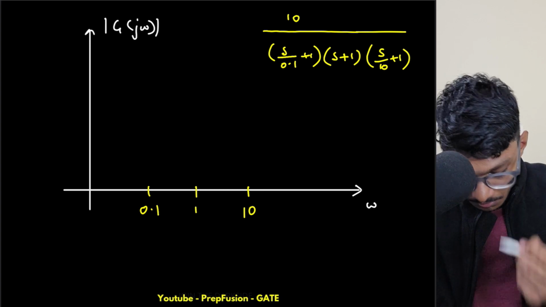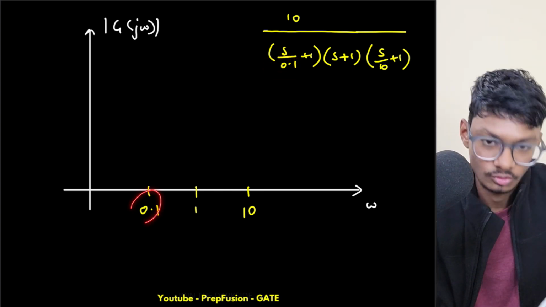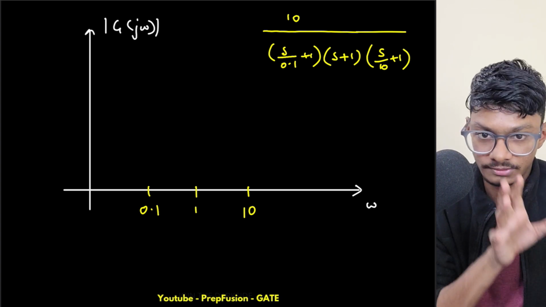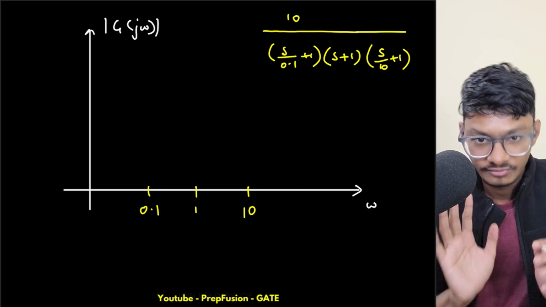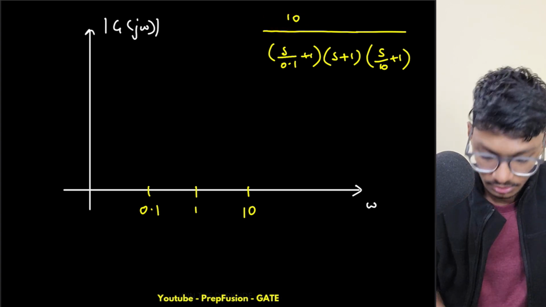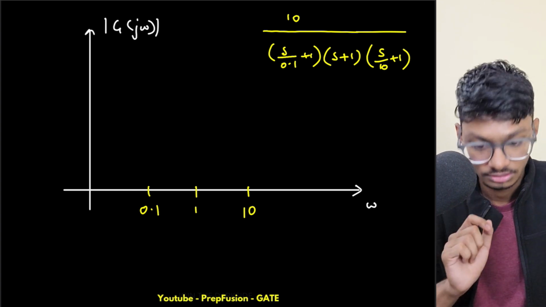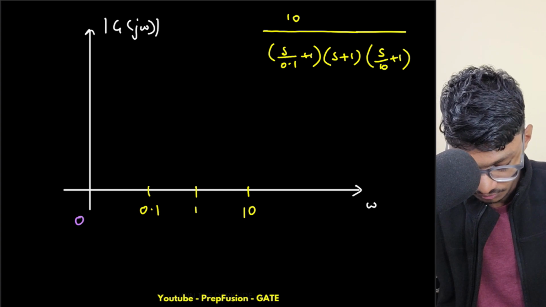Okay, so here one thing I observe is that I have a 0.1 as corner frequency, so obviously I will not approximate from 0.1. What I'll do, I will approximate from 0.001. Anyways, I can see that DC gain is 10, so I will start from 20 dBs anyways, but still we can't show 0, omega is 0 here. So what I will do, I will start from 0.001.